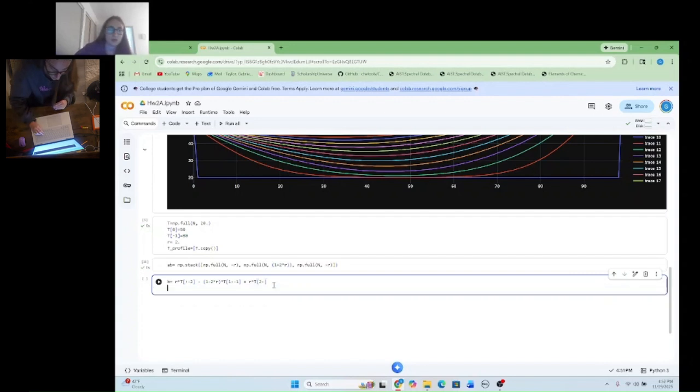So the next thing that we want to do after this, with B, we were talking about how we have our left and our right. So we need to do a plus or minus of this.